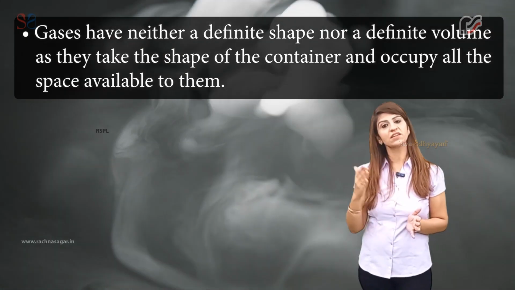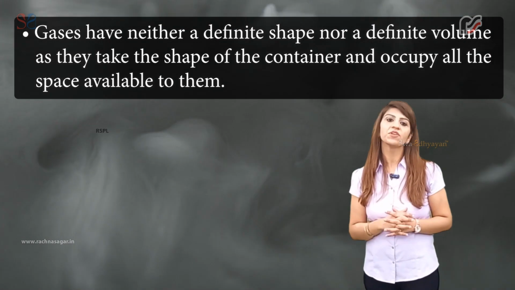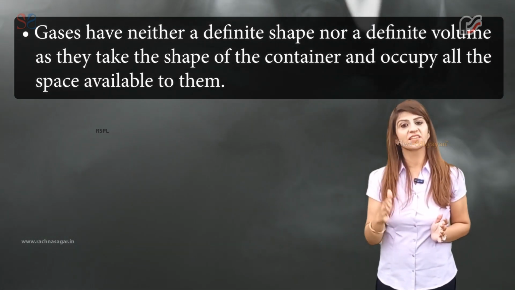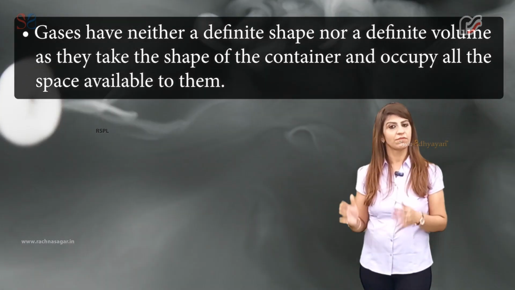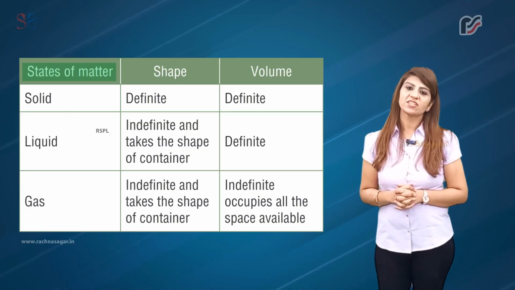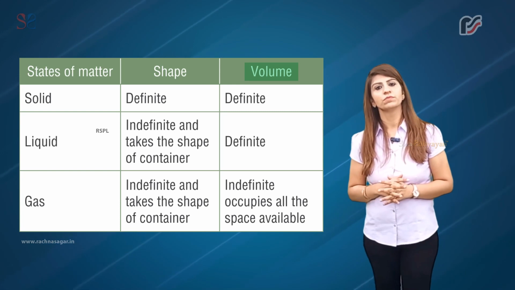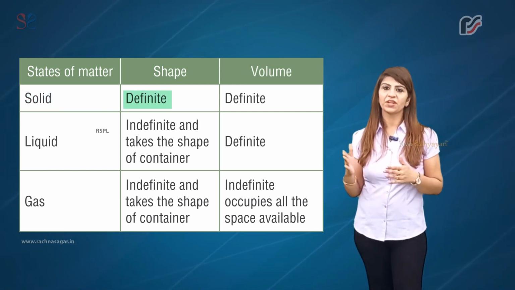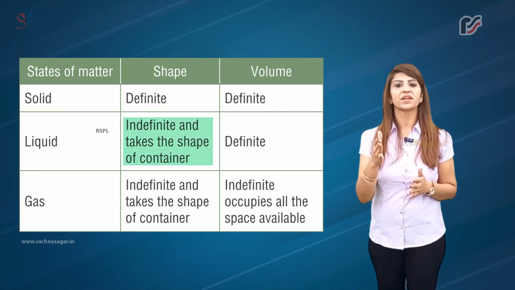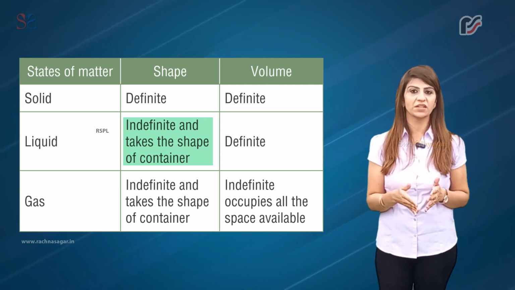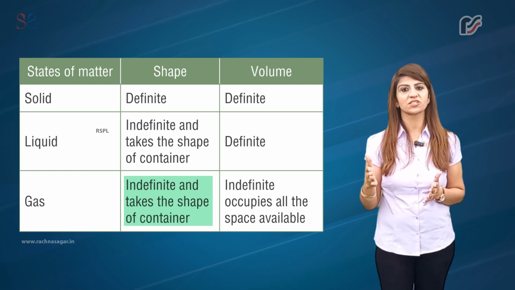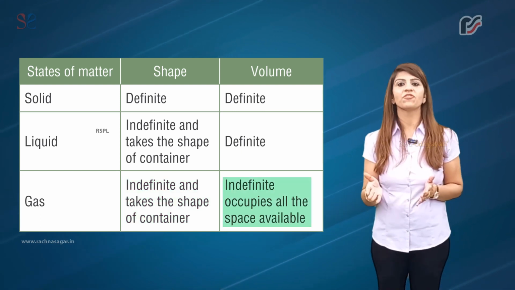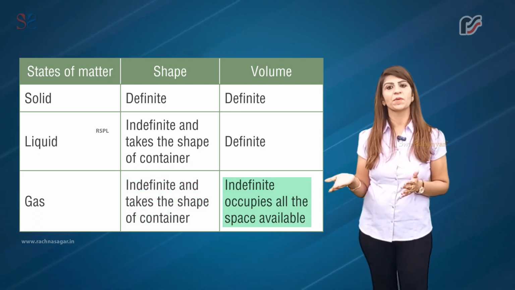Gases have neither a definite shape nor a definite volume as they take the shape of the container and occupy all the space available to them. States of matter, shape, volume. Solid, definite, definite. Liquid, indefinite and takes the shape of container, definite. Gas, indefinite and takes the shape of container, indefinite, occupies all the space available.